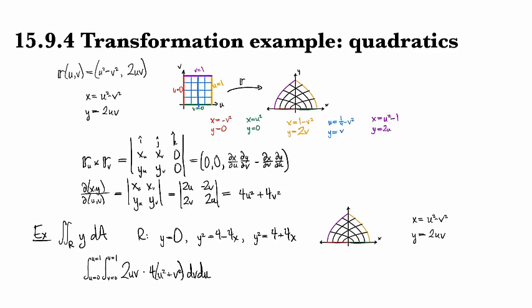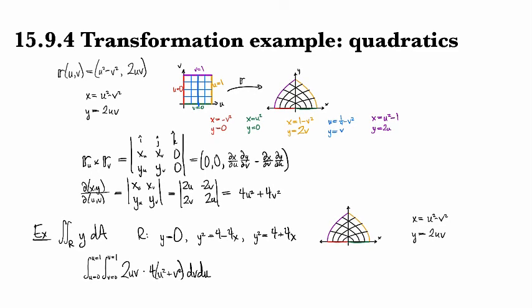It's over a rectangle in uv space, so it doesn't matter. So you could pull out the 8, and you've got 0 to 1, 0 to 1, u cubed v plus u v cubed. And then it's just a matter of integrating a polynomial. I won't bore you with the details. If you're following along at home, you can check it out. It's 2.